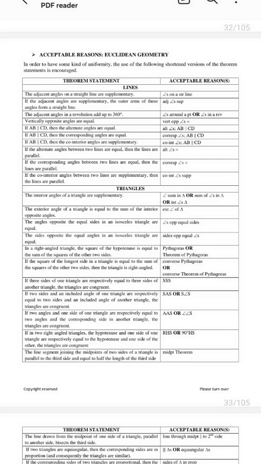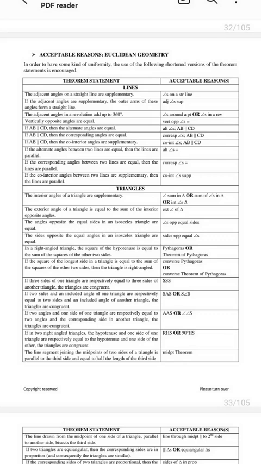And in brackets, the acceptable reason that's used is angles opposite equal sides.